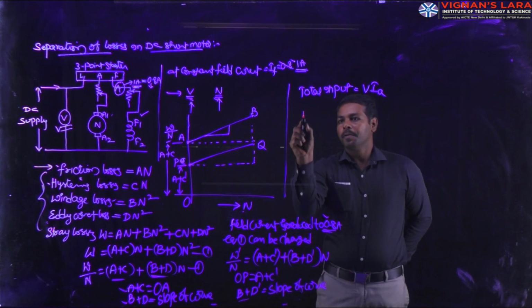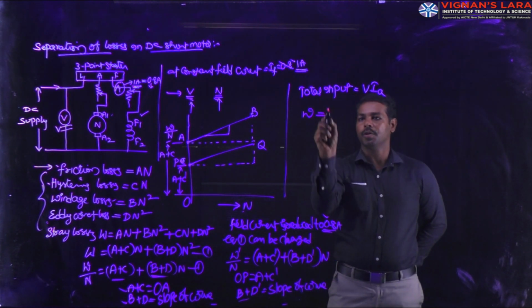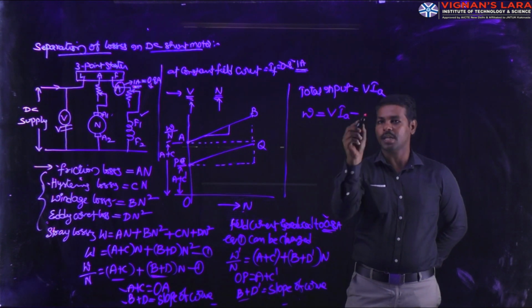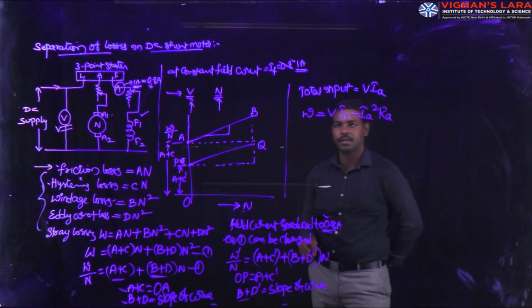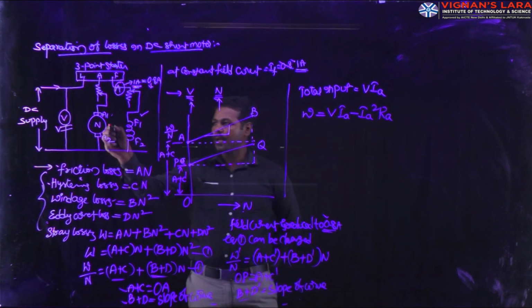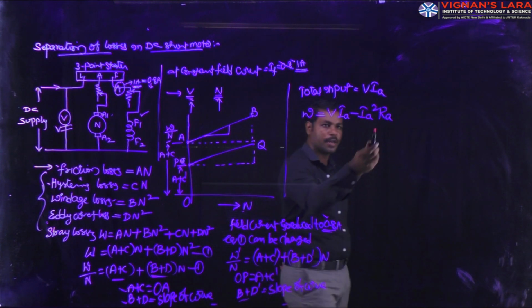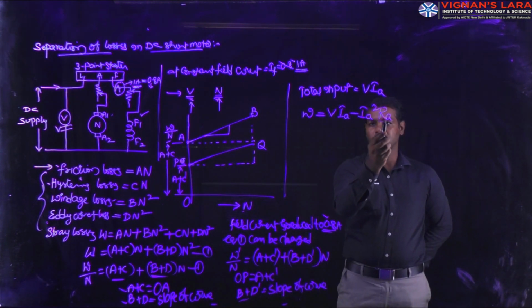So rotational losses or stray losses W is equal to V into IA minus IA square into RA. Because the armature winding has some resistance, denoted by RA, the armature copper loss is equal to IA square into RA.